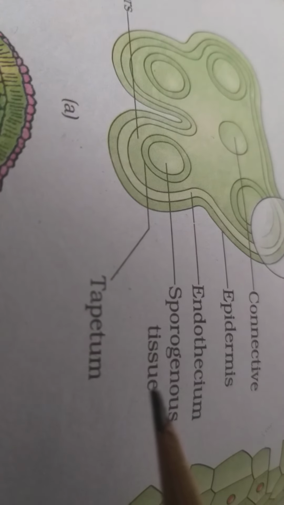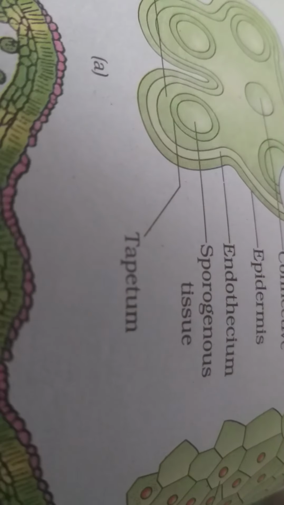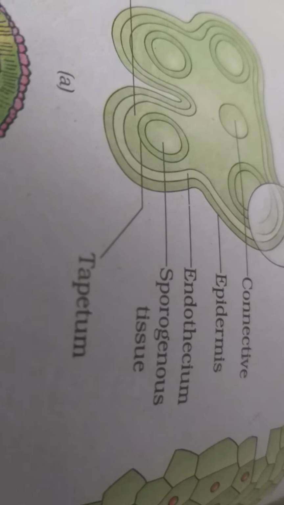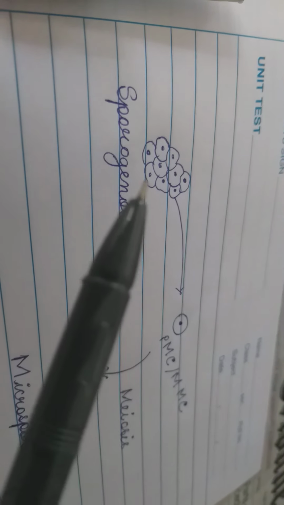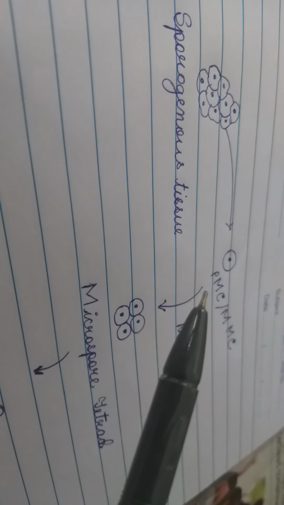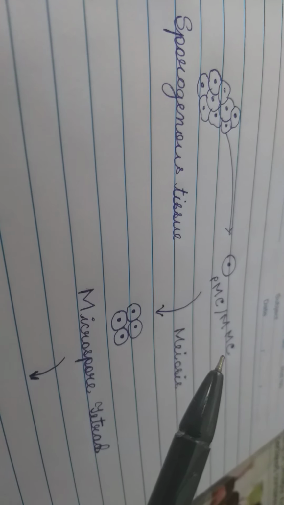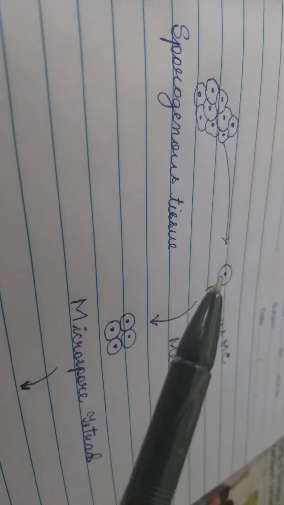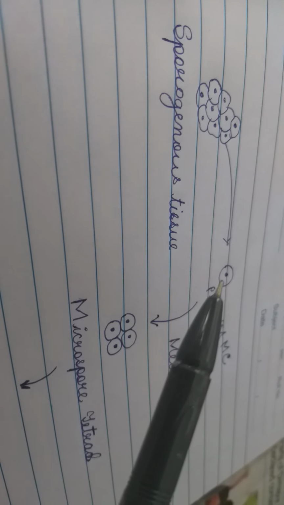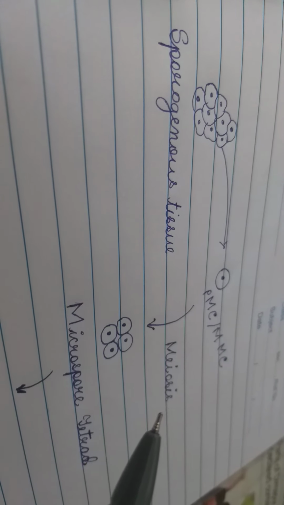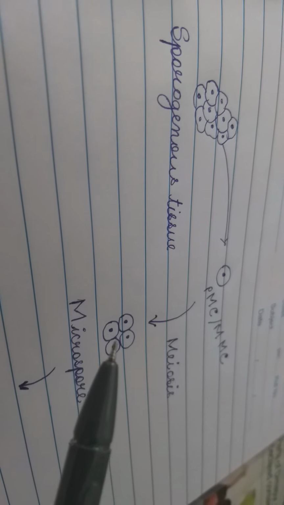Each cell of sporogenous tissue is called pollen mother cell or microspore mother cell because each cell has the potential to give rise to 4 microspores.